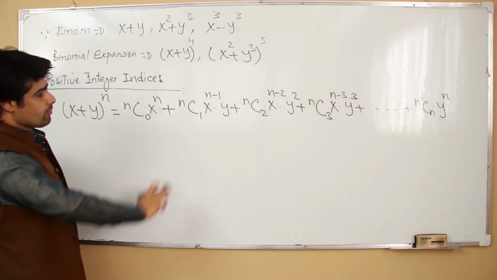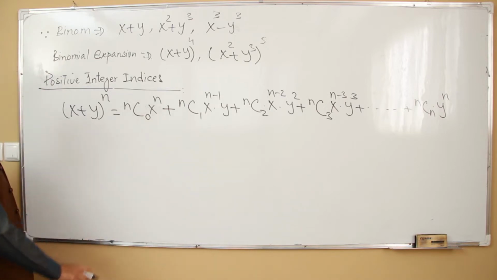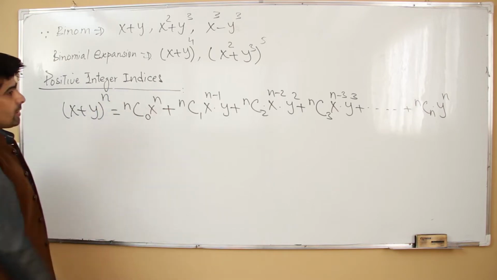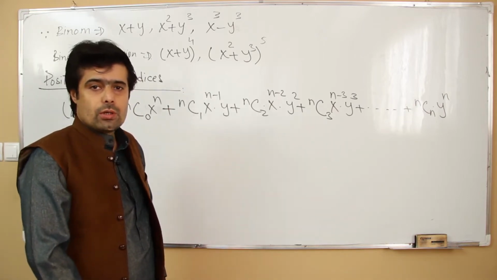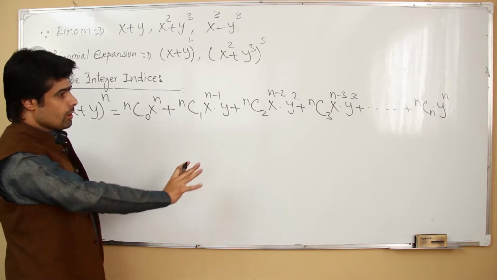This is the general formula that we can use for binomial expansion for positive integer indices. According to this formula, you can solve all the questions.